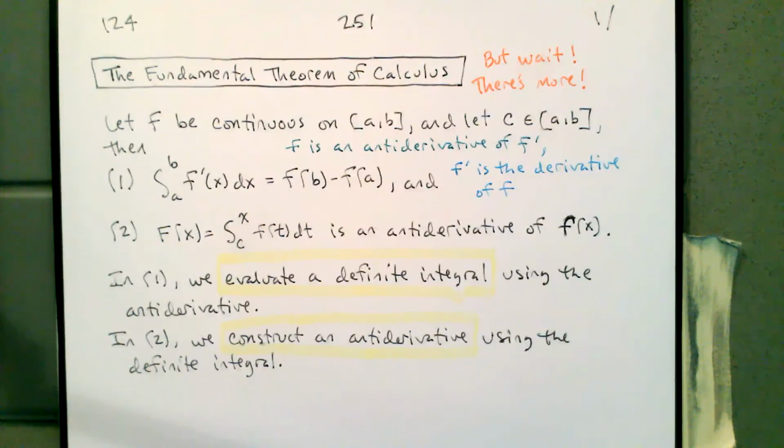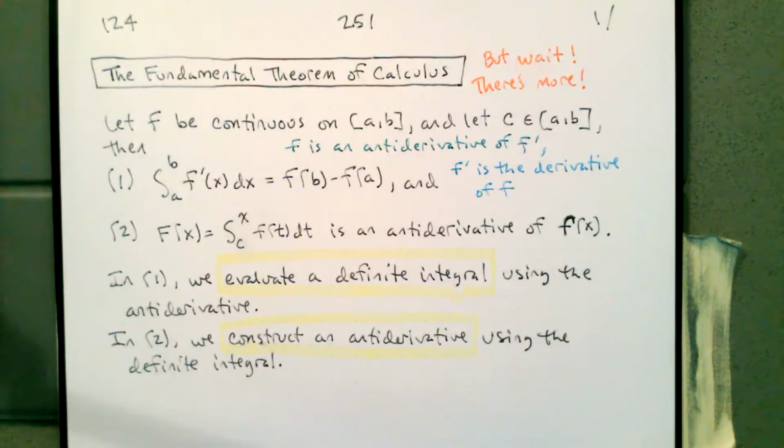So we want to evaluate a definite integral, so we look at the antiderivative and use that. In the second part, we're going the other direction. We are constructing an antiderivative using the definite integral. So in the second part, we want an antiderivative, and so we use the definite integral.